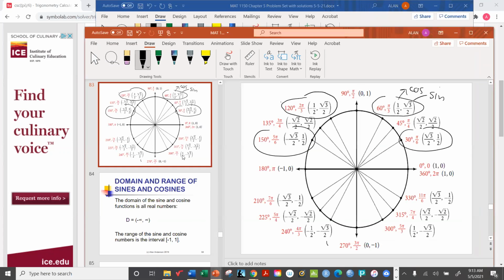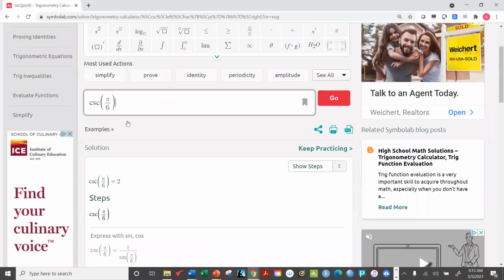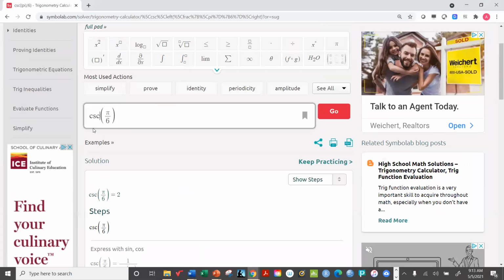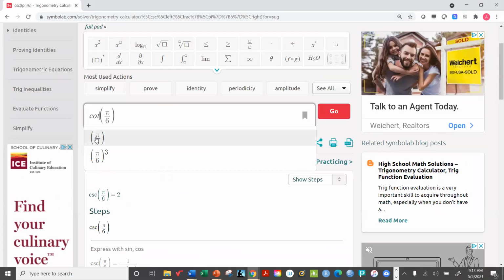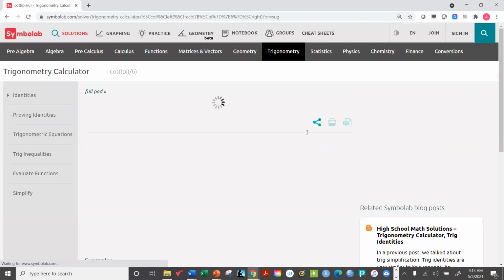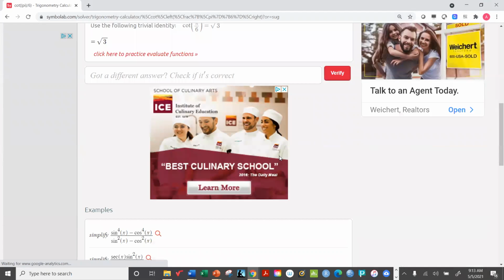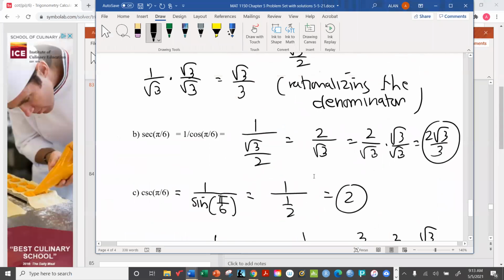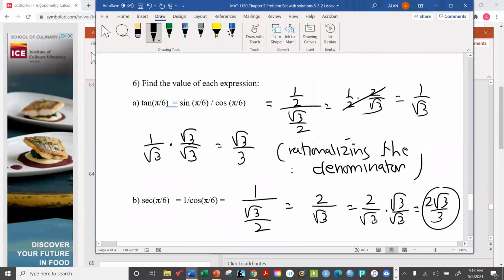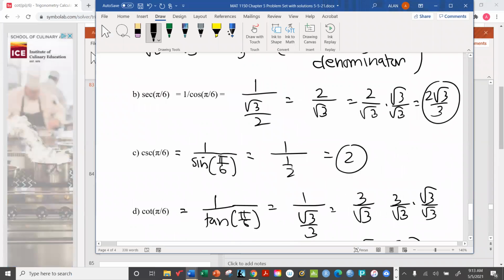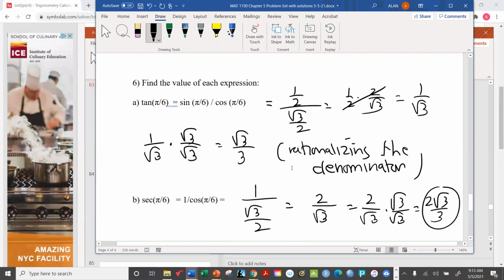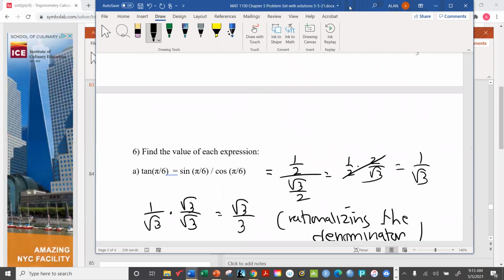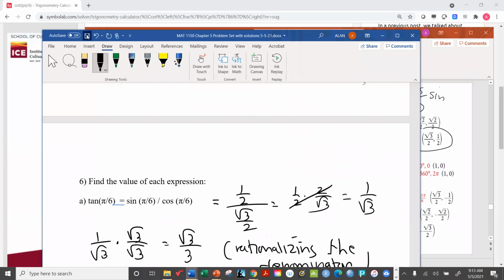All right, let's just confirm that. The cotangent, there you go, radical 3. All right, so those are really straightforward, but you have to remember the definitions. Either that or just throw it in Symbolab. Okay, so those are nice and straightforward. All right, well, this is done.